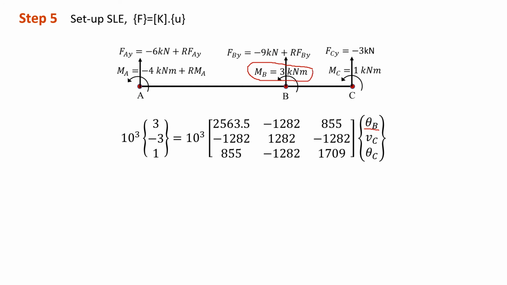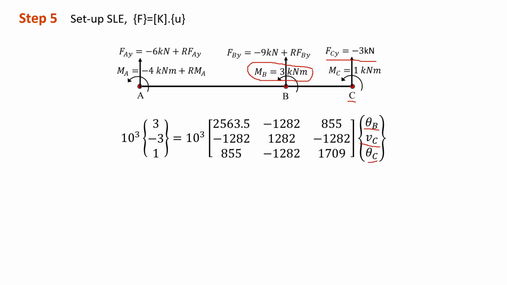VC is the vertical deflection or vertical displacement. Displacement is always caused by force. For VC, we need to check point C and take the force, so we must use FCY that causes the displacement. And theta C is about rotation.